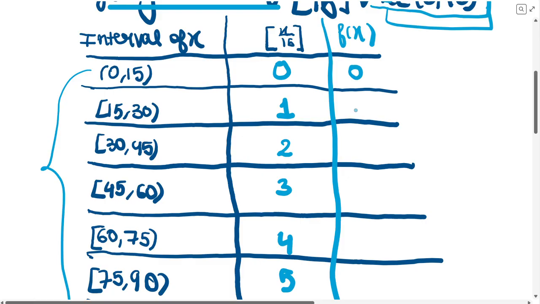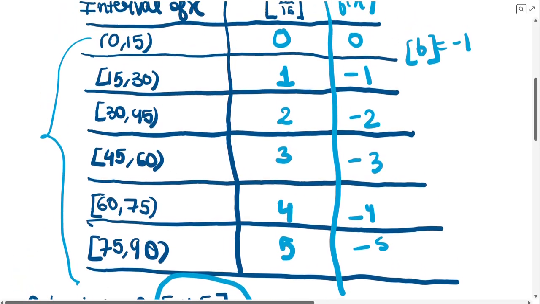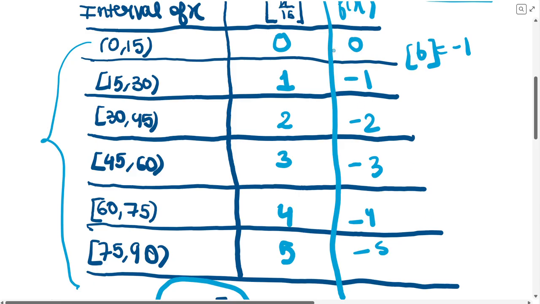And for all other values, the second part, which is b, is going to be minus 1, right? Greatest integer of b. So we'll simply make it as minus 1, minus 2, minus 3, minus 4, and minus 5, right? Okay. So now we see that in our given intervals, the function is taking these values 0, minus 1, minus 2, minus 3.